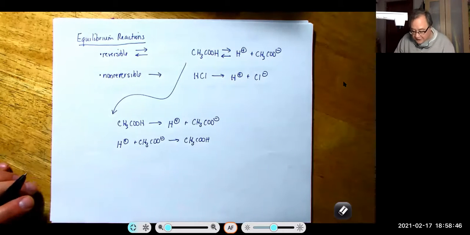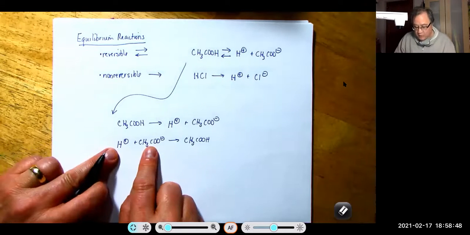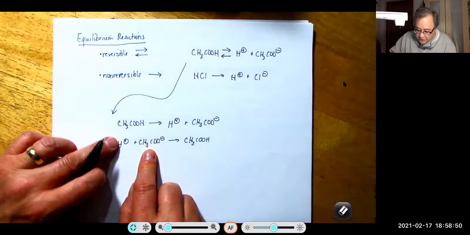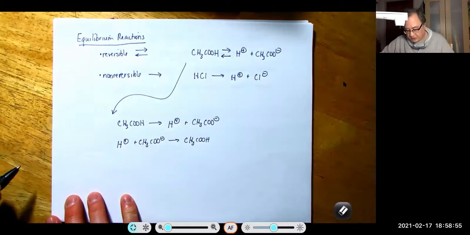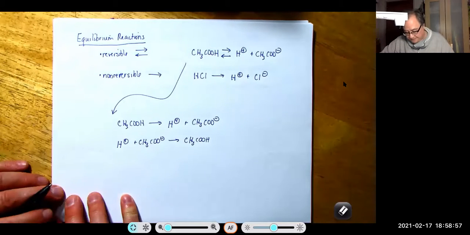So both reactions are happening at the same time. We don't like writing both of them out this way, so we write it this way. So this is a reversible reaction.